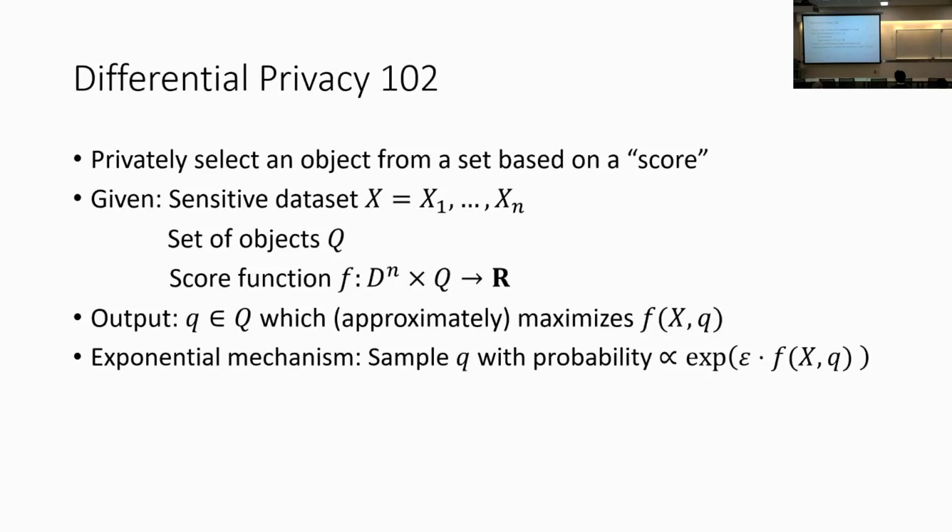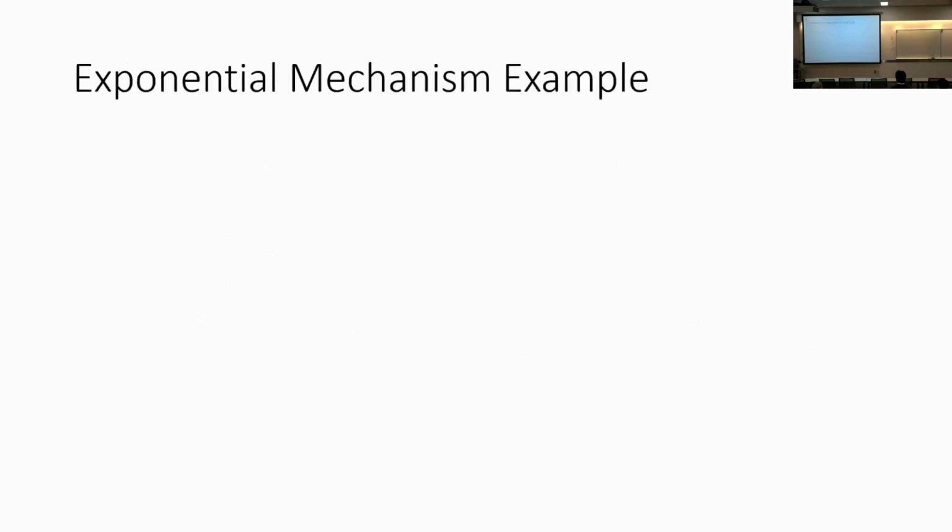Don't worry too much about the specific form, but essentially you sample it with higher probability if it has a high score, and lower probability if it has a low score. Very natural, in my opinion. And this turns out to give us the stronger notion of privacy we want, pure DP.